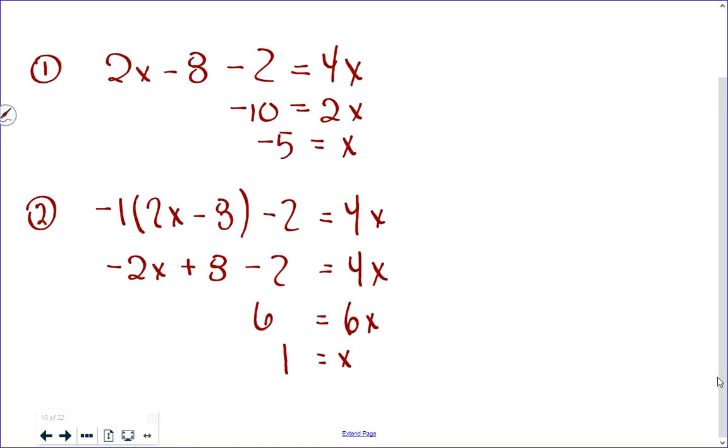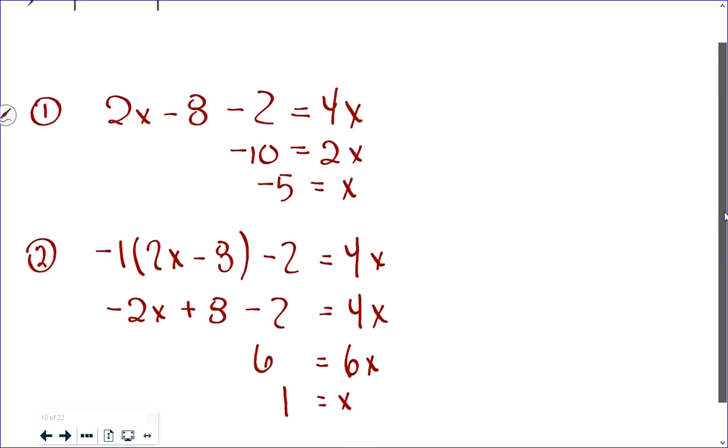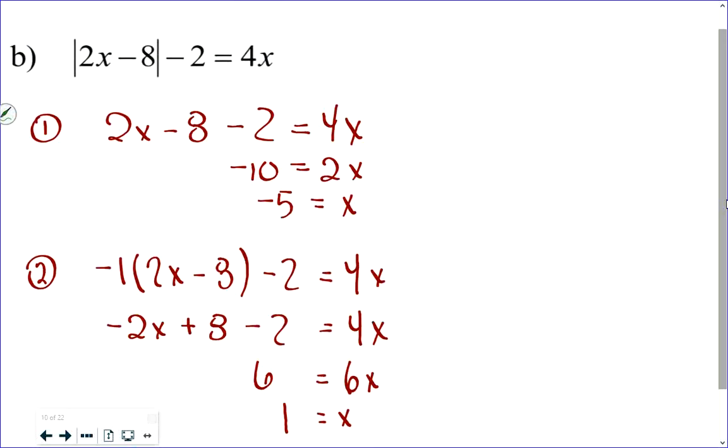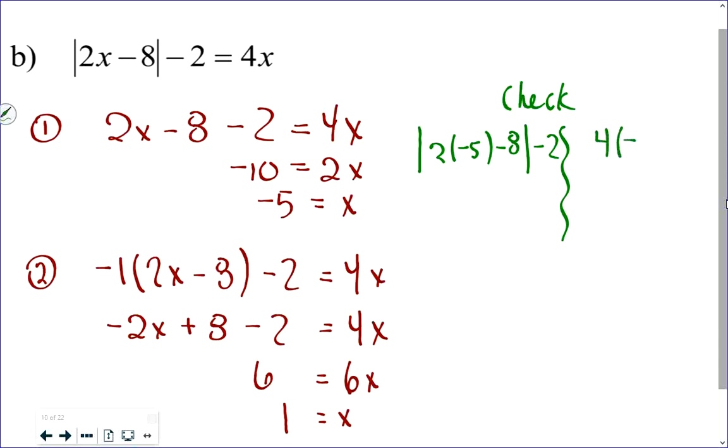Okay, so let's check against the original equation. When I put negative 5 in the left side, I have 2 times negative 5 minus 8, then minus 2. And the 2 times negative 5 minus 8 is in absolute value signs. And on the other side, I have 4 times negative 5.